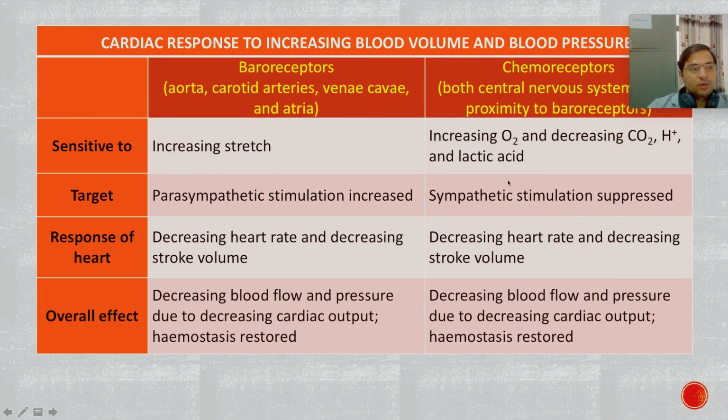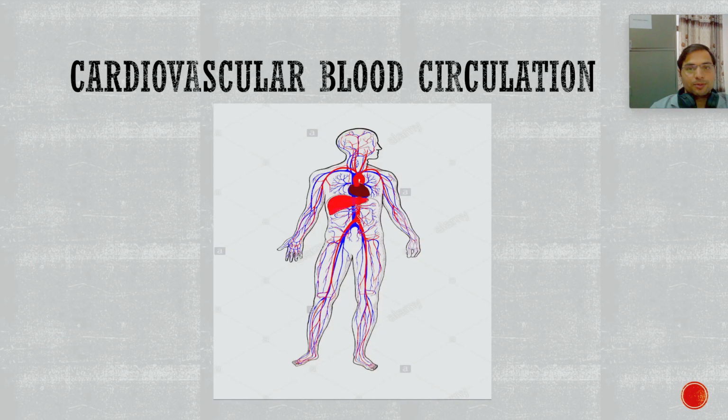When the sympathetic stimulation is suppressed, it leads to decrease in heart rate, and on the inverse, the parasympathetic stimulation leads to decrease in heart rate, right? Thereby overall the blood pressure decreases. So the baroreceptors and chemoreceptors are responsible for regulating blood volume and blood pressure through the neurohumoral system.